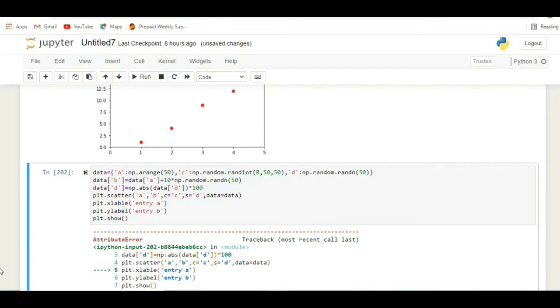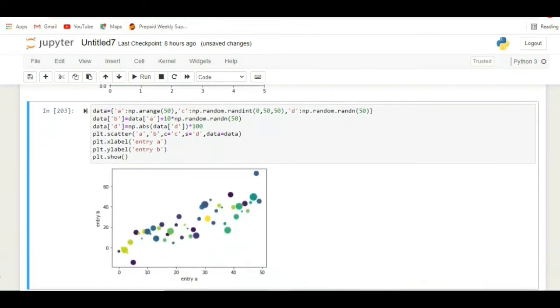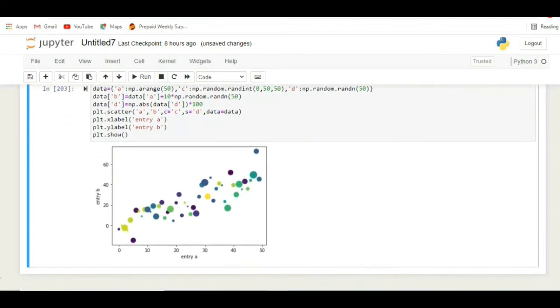When you write LABEL, this error will not show. Here we will change the spelling. After changing the spelling, now there is no error. So this is a scatter plot of different points of entry A and entry B.